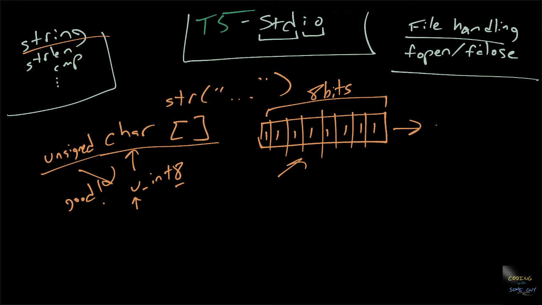Going back to our bit math, this is 2 to the 8th minus 1, which is 255. With all zeros, it's still 0. So our range is from 0 to 255.